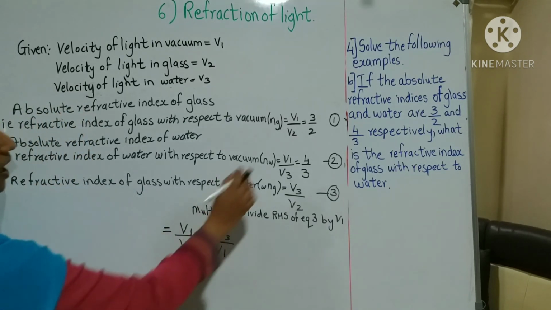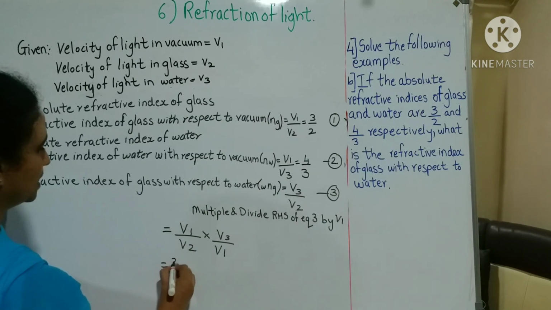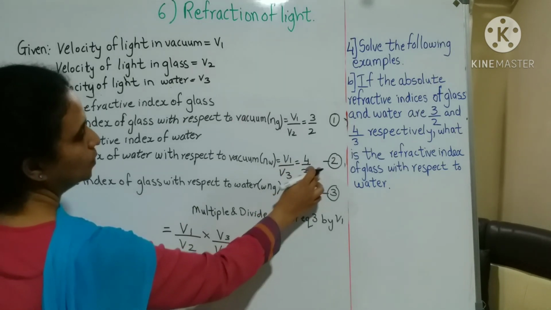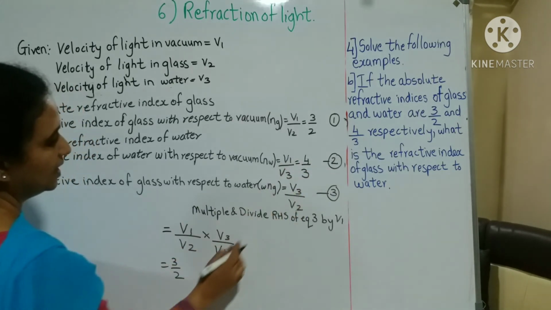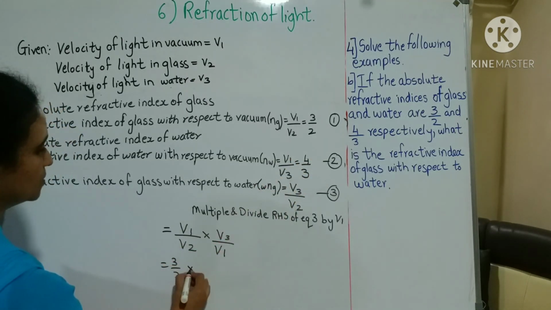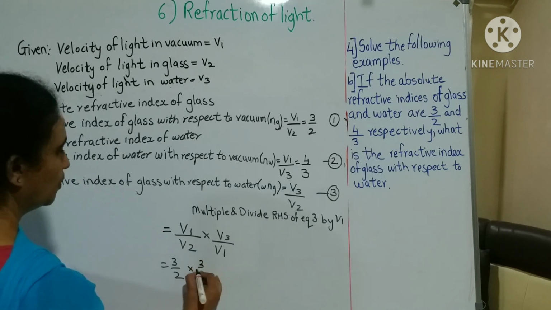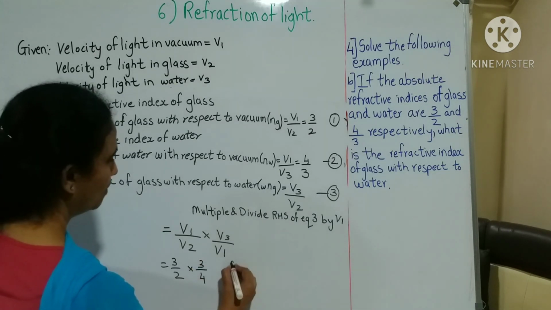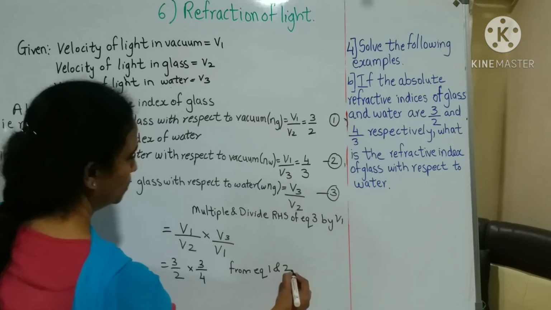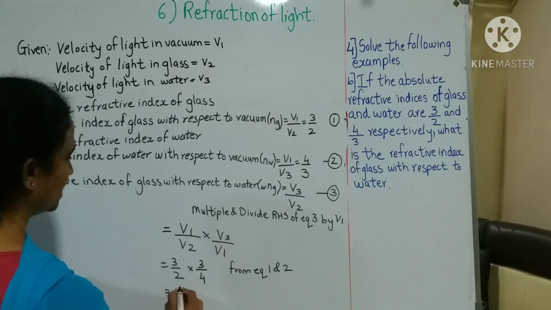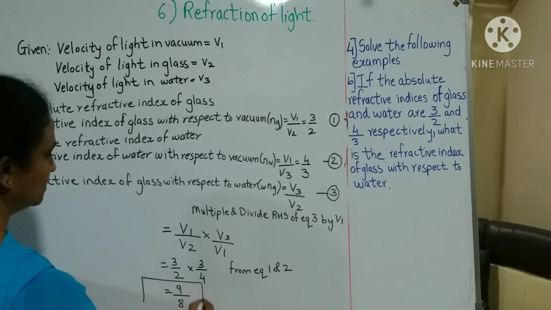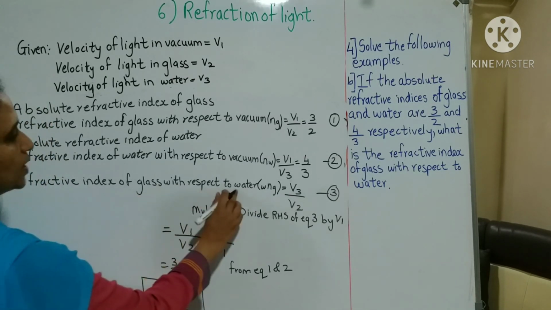V1 upon V2 you have the value 3 upon 2. So write it 3 upon 2. And if you see over here equation 2, V1 upon V3 is given. And here we need V3 upon V1. So we'll write the reciprocal of this. So we'll write over here 3 upon 4. Right, from equation 1 and 2. When you multiply this, you get the answer as 9 upon 8. This is the refractive index of glass with respect to water.